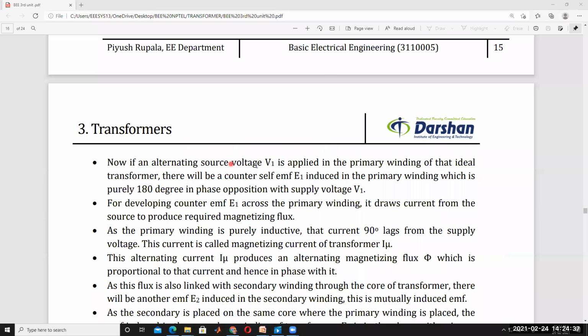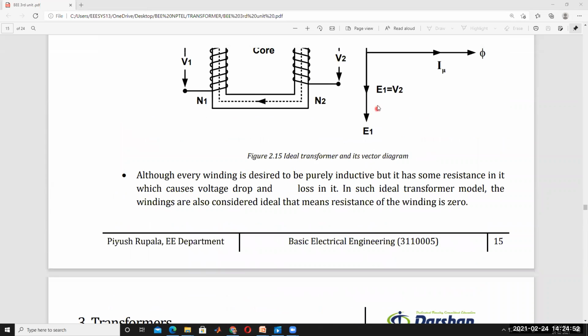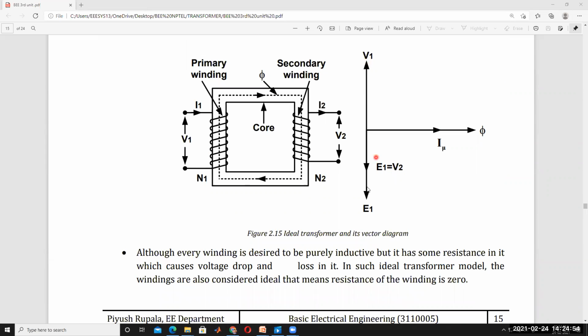So now an alternating source voltage V1 is applied to the primary winding of that ideal transformer, and a self EMF E1 is induced in the primary winding, purely 180 degrees in phase opposition with the supply voltage V1. That is indicated in the vector diagram like this, V1 and E1.